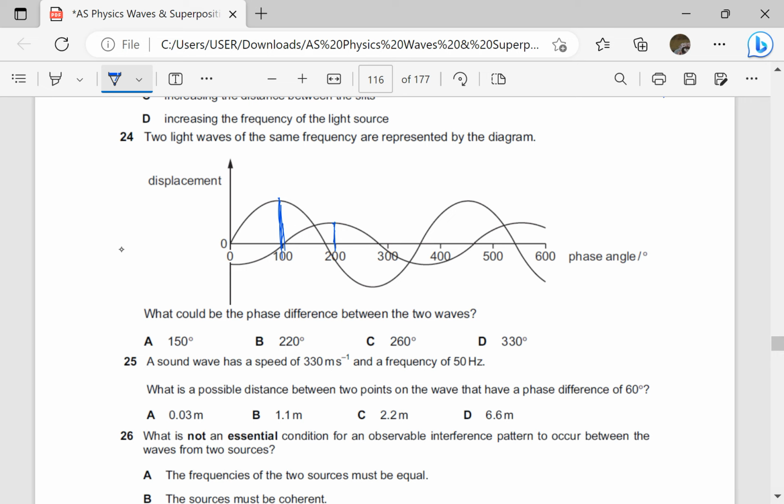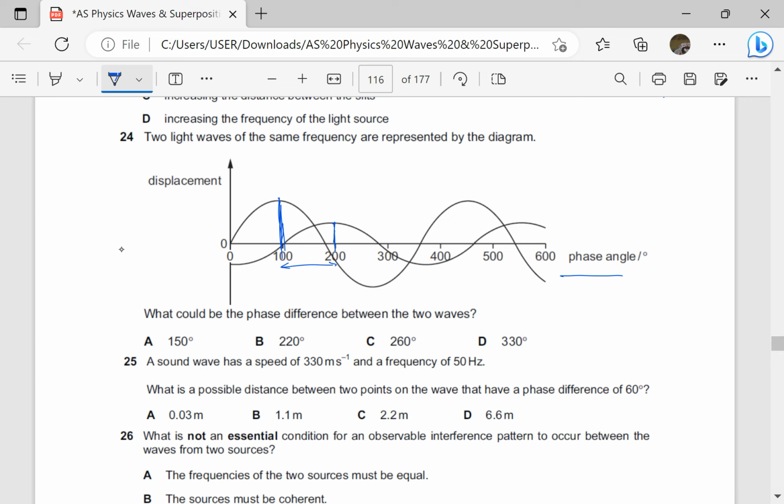So this is displacement against phase angle. What could be the phase difference between the two waves?